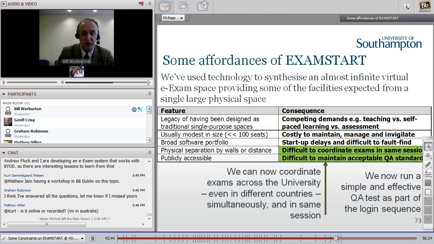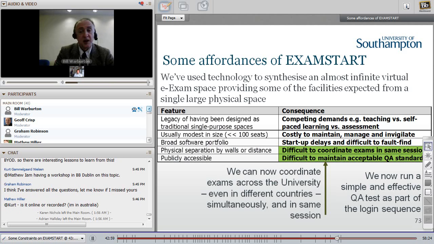And we now run a very simple and very effective green border, that Graham uses as a sort of comfort blanket to tell people that everything's okay, as part of the login sequence itself. So if people are in, then they will know if they're okay or not, and more importantly, perhaps the invigilator will know just by looking at the colour of the screen.